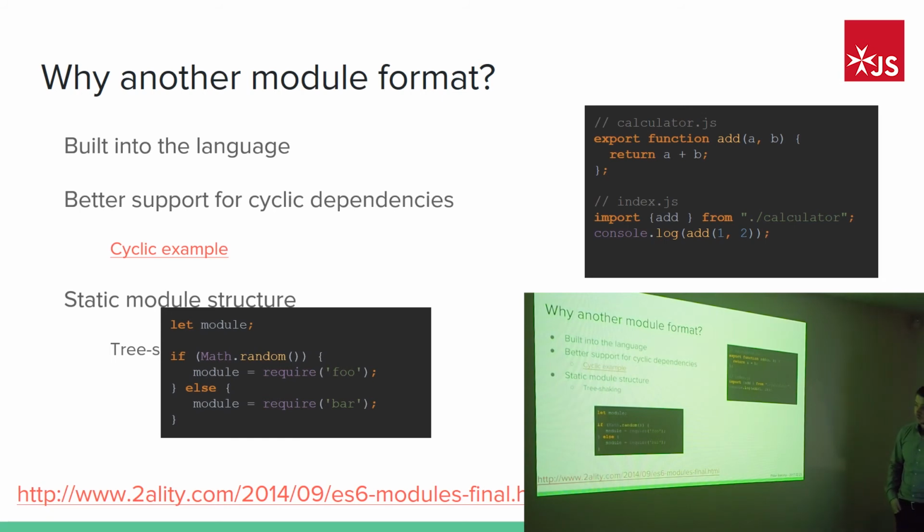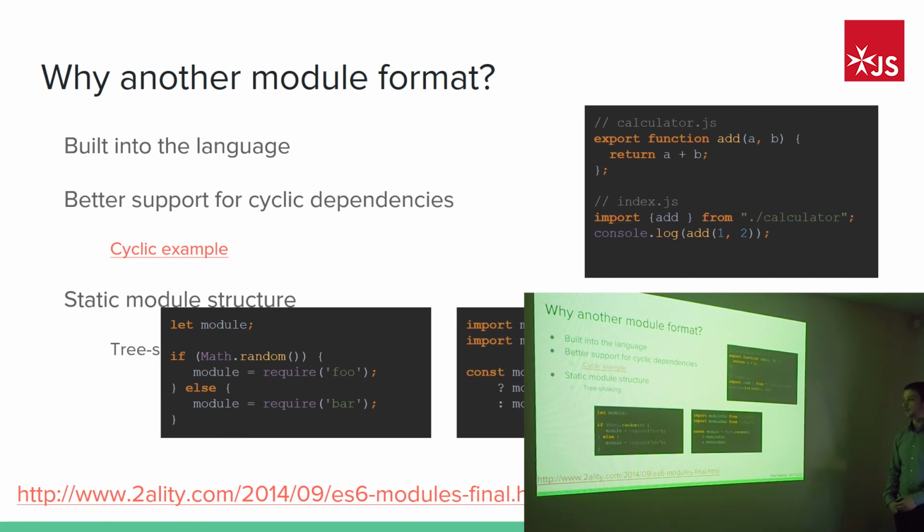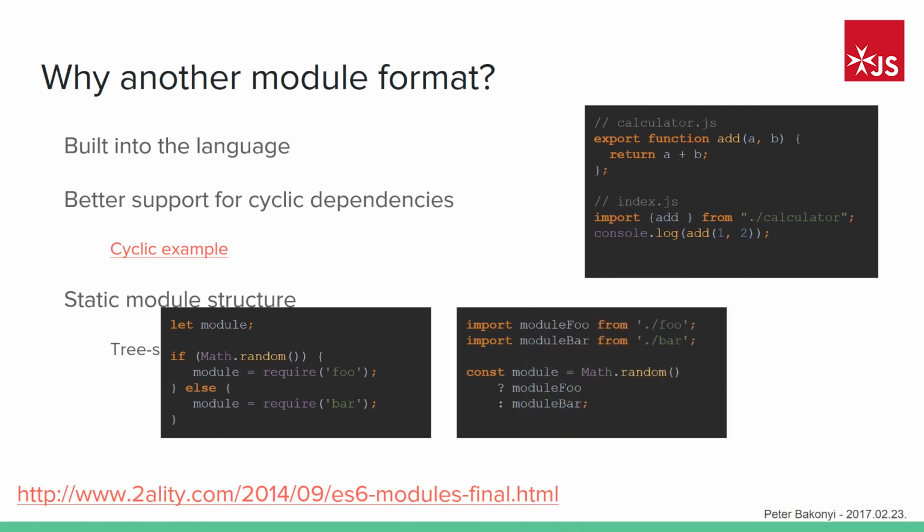And that's perfectly fine using CommonJS. But you cannot do that with the ES6 modules. If you want something similar, you need to import both modules, because both might be used. And then you need to decide which one to use by using a ternary operator or something like that. But you depended explicitly on both modules.